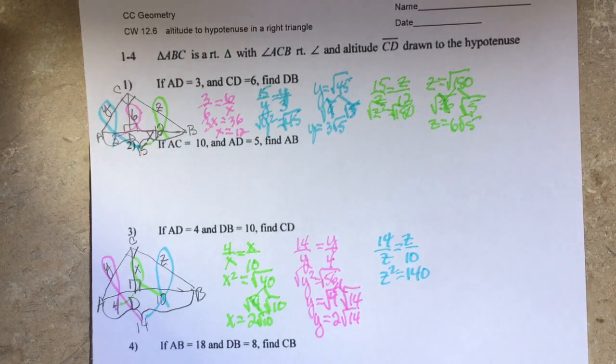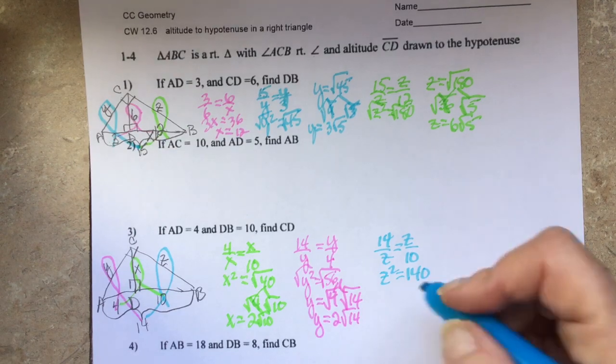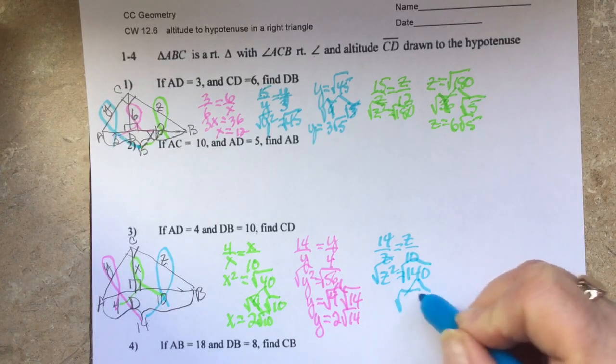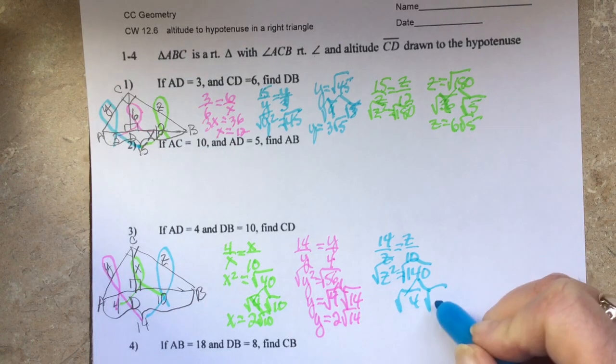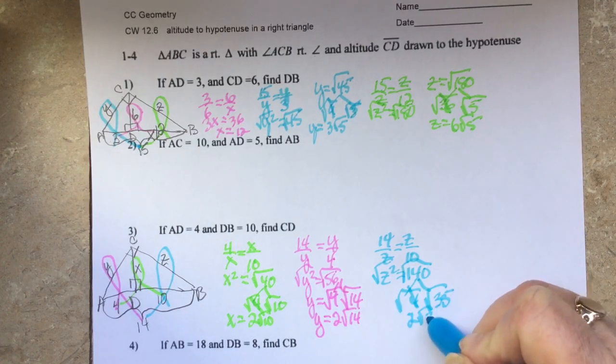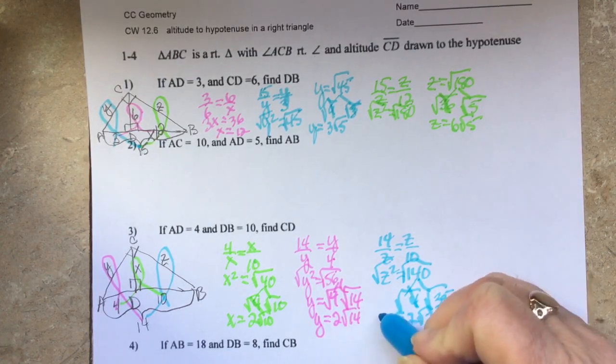I'm thinking most of you are going to have to go to your calculator, so I'm going to pause and do it. 140 divided by X. Second table. Okay. If you're using the right-hand column, you have to come down pretty far. So keep going, keep going, keep going. Square root, square root. All right, you should have found the 4 with the 35. So 2 rad 35 is my value for Z.